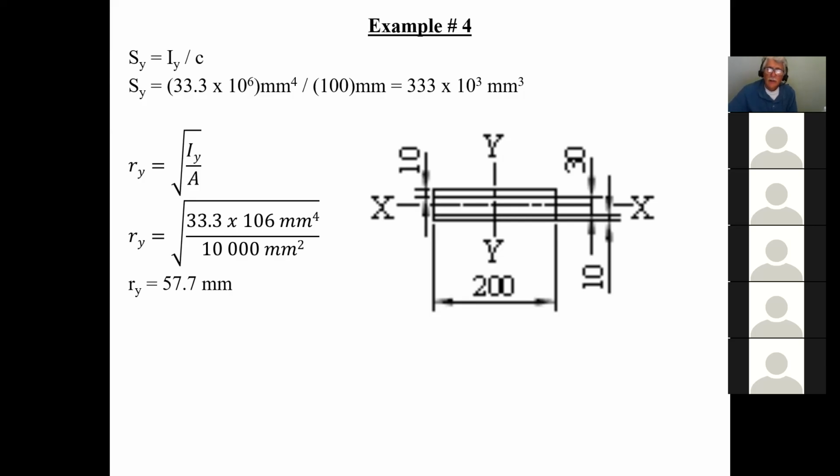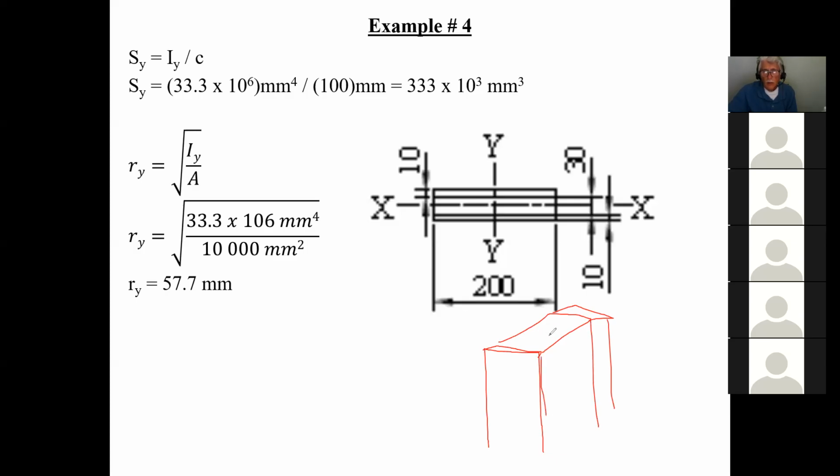That means that if this column would ever fail, you guys might not appreciate this, but if this was my column here, and I had the steel plates like this, and the concrete here like this, and the steel plates like this, okay?